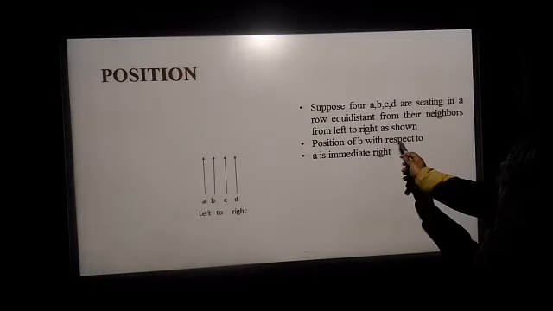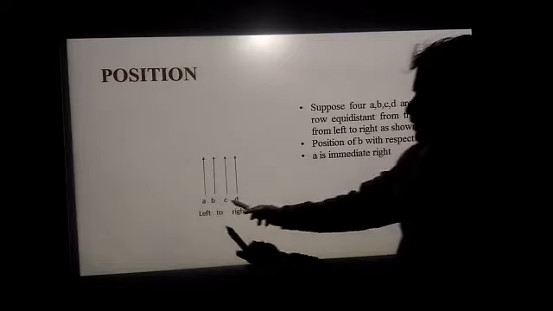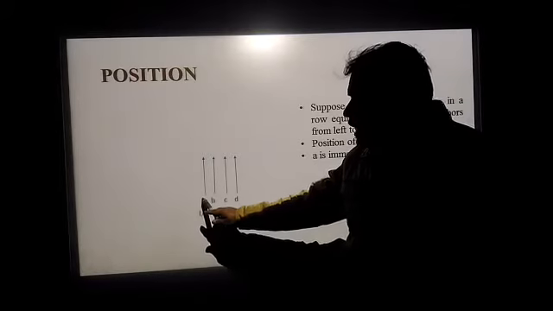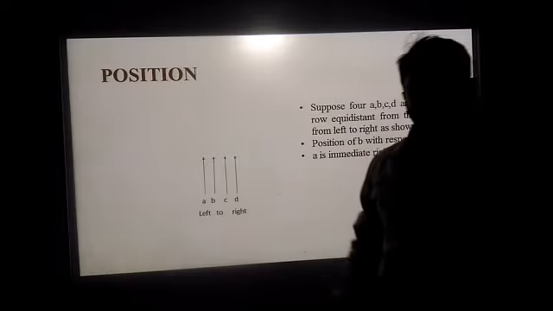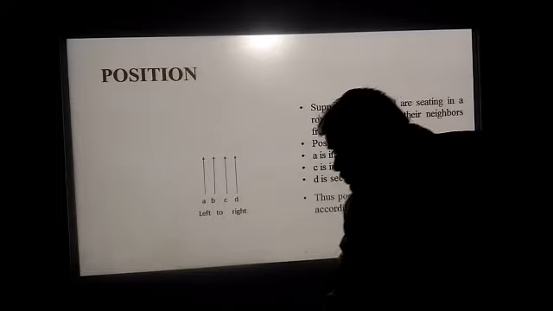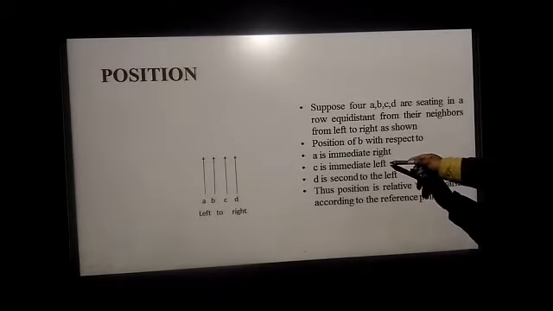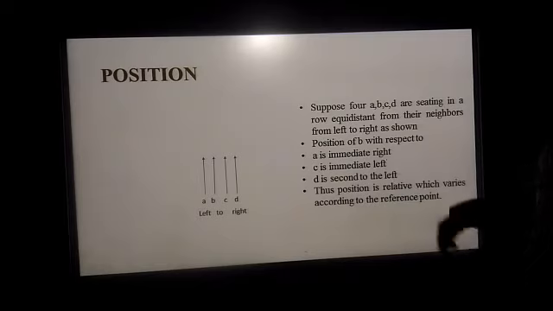So, what is the position of B with respect to A? It is immediate right. There is A, and to the immediate right of A, B is sitting. Subsequently, C is immediate left of B, and D is second to the left.